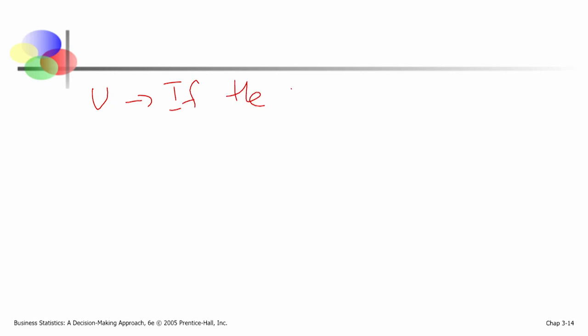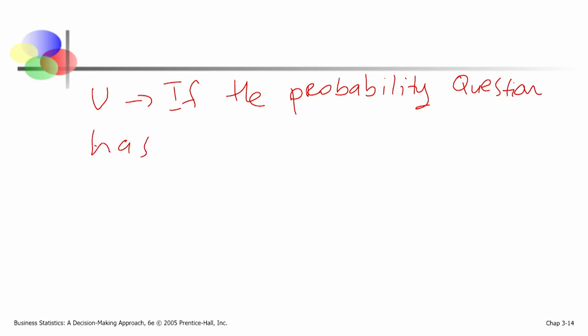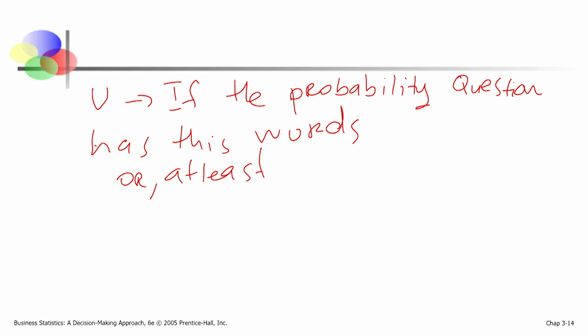If the probability question has the words "or" or "at least", then you use the union. And when do you use the intersection?